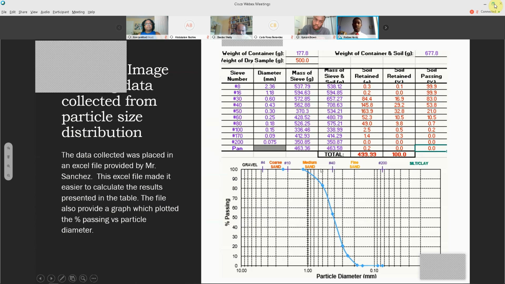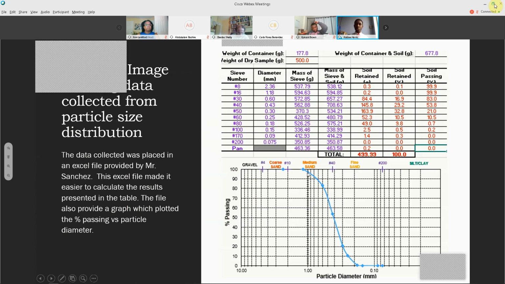Below that, we have a graph that was plotted according to the percent of soil passing with the diameter. Now, this graph is showing that we have quite a large amount of sand passing through coarse sand, that is passing through our sieves between 8 and 10 thereabout, or 8 and 16.